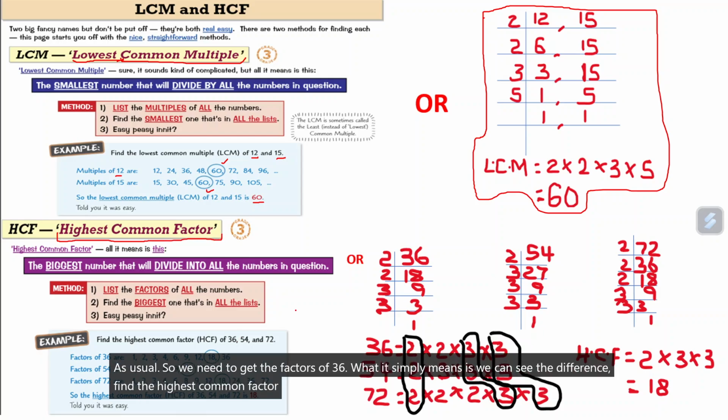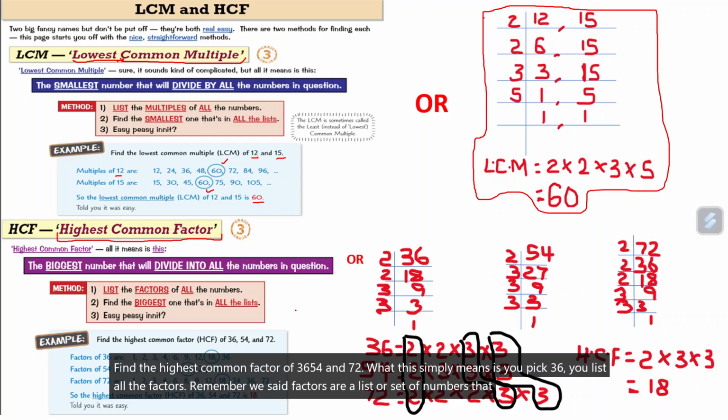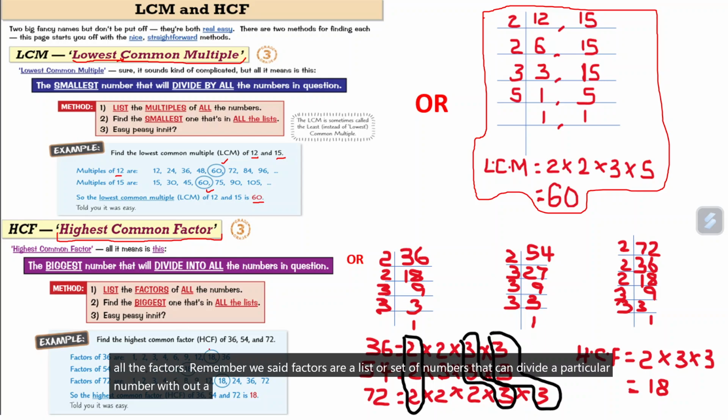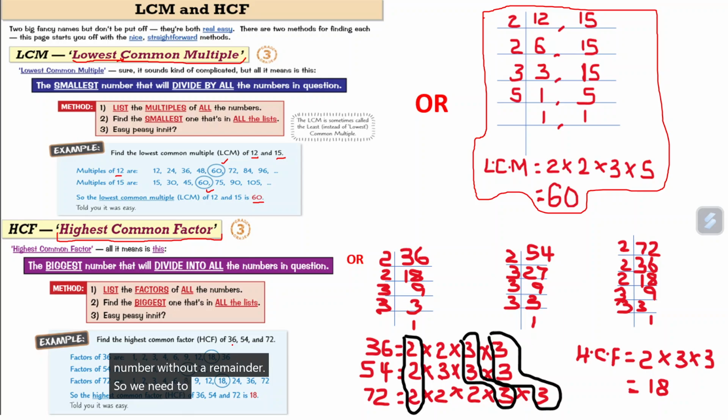What this simply means is you pick 36, you list all the factors. Remember, we said factors are a list or set of numbers that can divide a particular number without a remainder. So we need to list all the factors of 36.